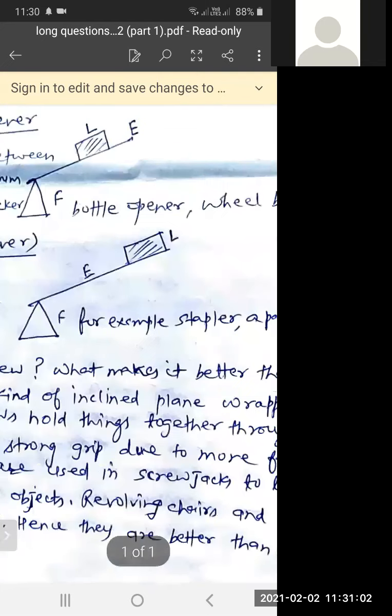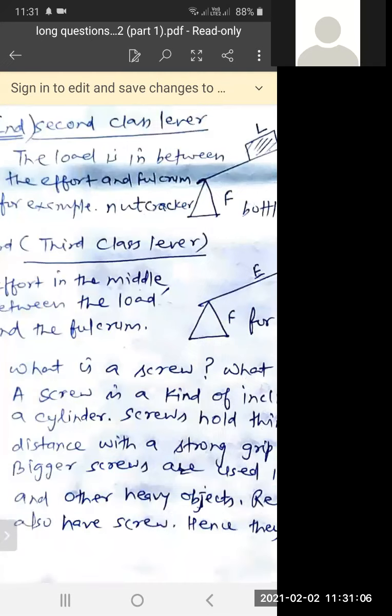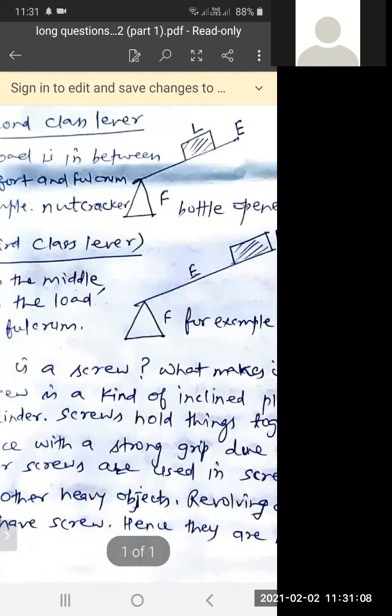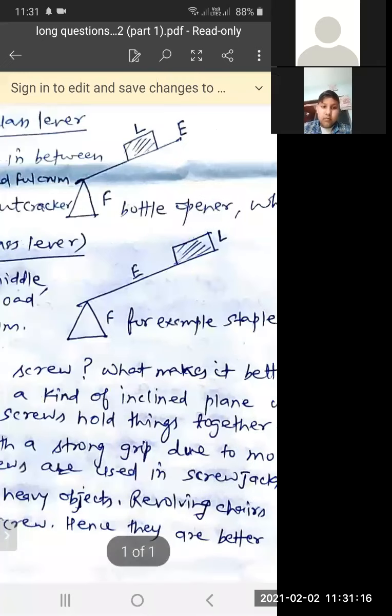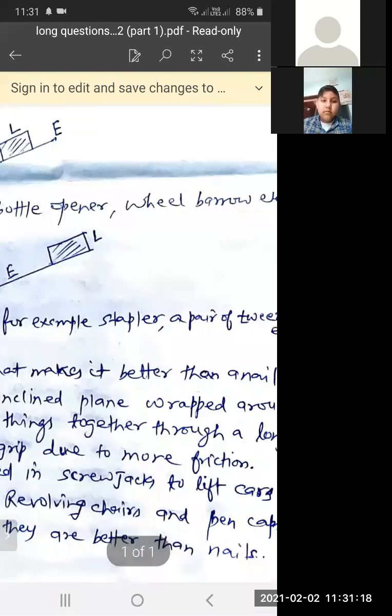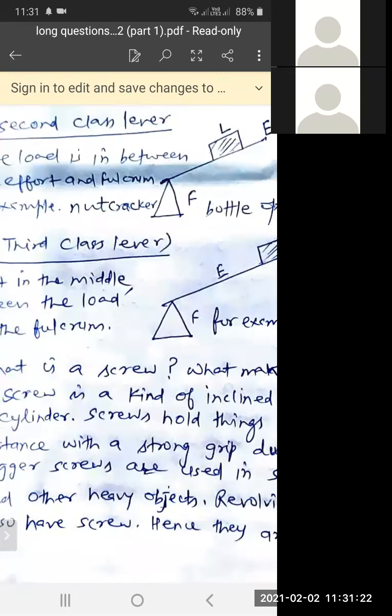Full stop. Bigger screws are used in screw jacks to lift cars and other heavy objects.